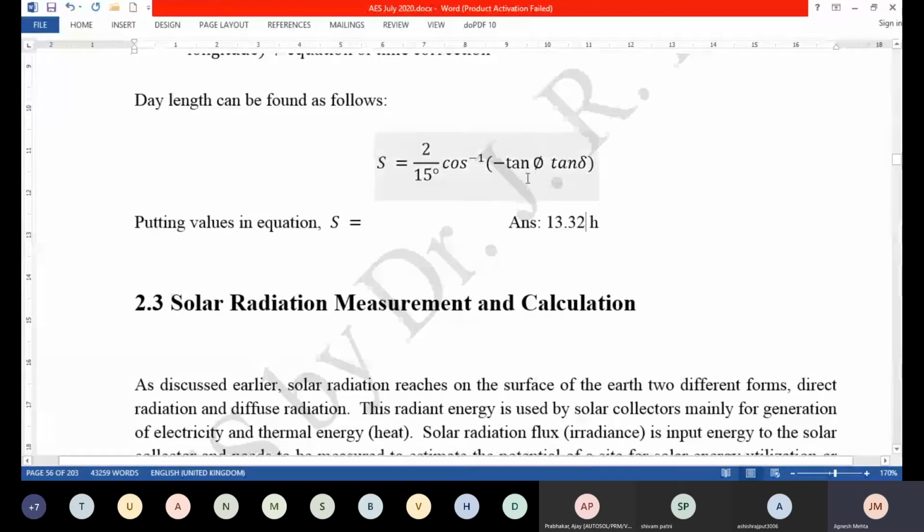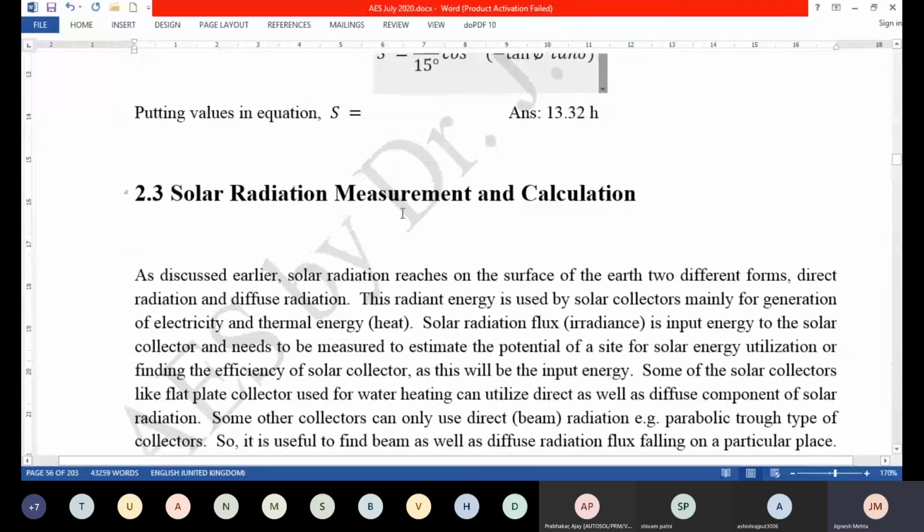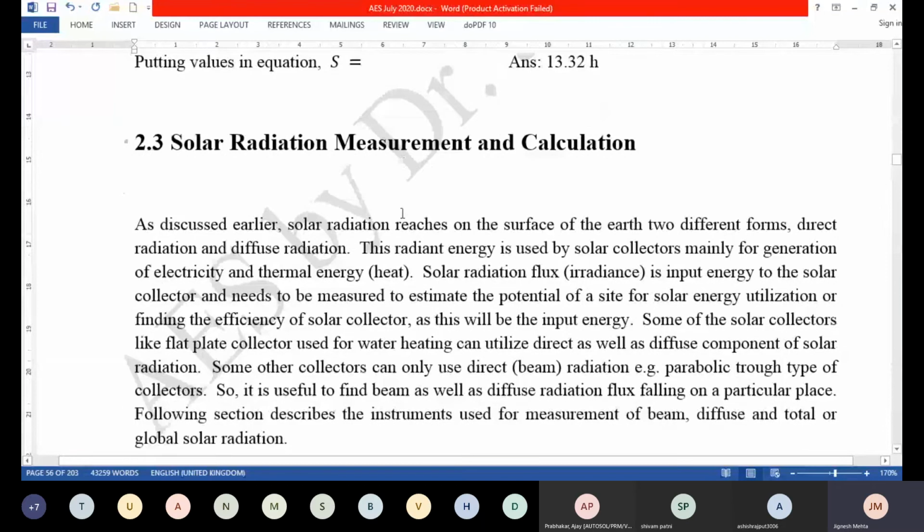Okay, so now the next discussion is on solar radiation measurement and calculation. So how do you measure the solar radiation falling at a particular place? Of course, the instantaneous value may be of some interest, but generally continuous measurement over the whole year and then over multiple years is of more interest.